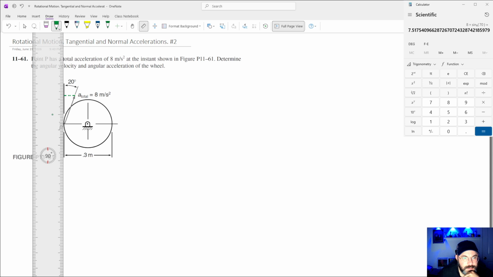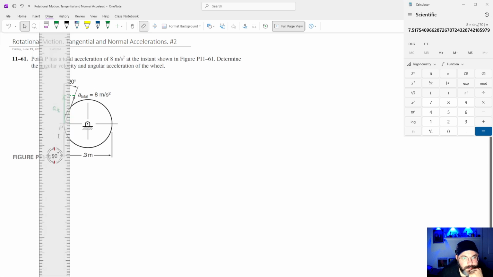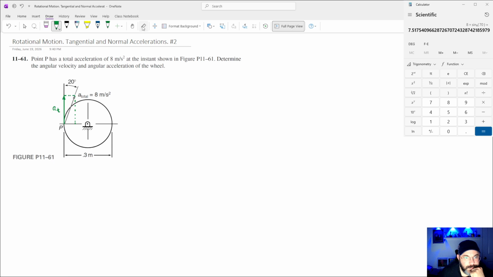Okay, and this here is going to be our normal component. Let's maybe draw it with another color. So this is going to be our normal component, and we can calculate them, right?